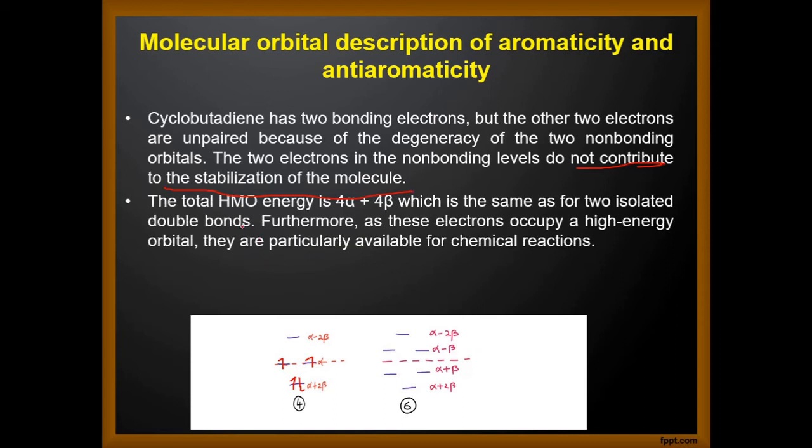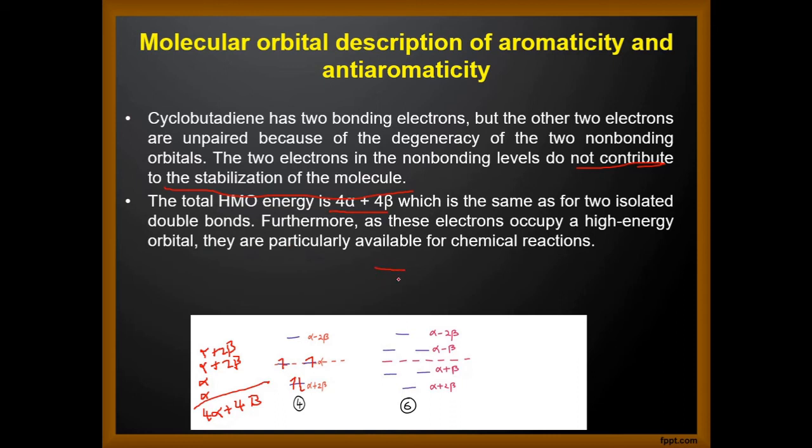The total Hückel molecular orbital energy is 4 alpha plus 4 beta. So each bonding electron is alpha plus 2 beta. So alpha plus 2 beta, alpha plus 2 beta, and we have one more alpha and one more alpha. So the total is 4 alpha plus 4 beta, and this is the same as for 2 isolated double bonds.